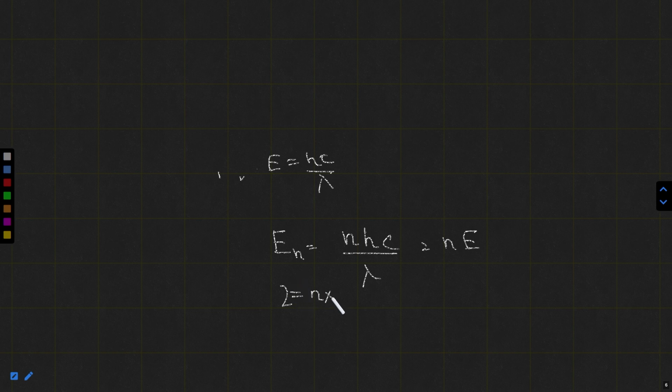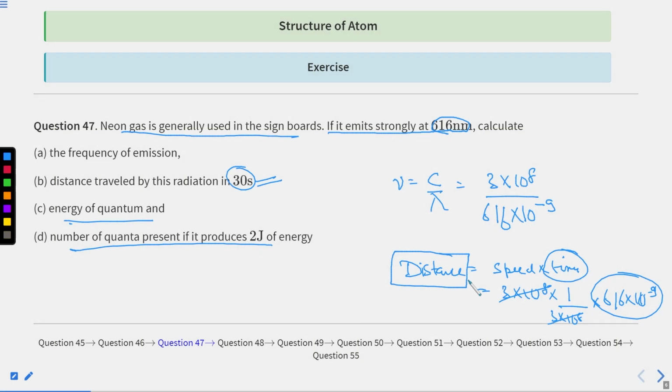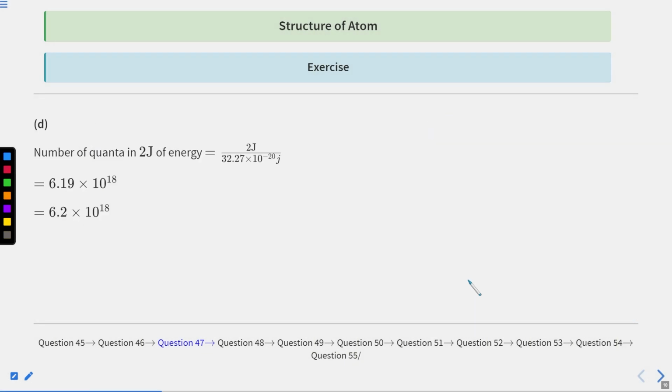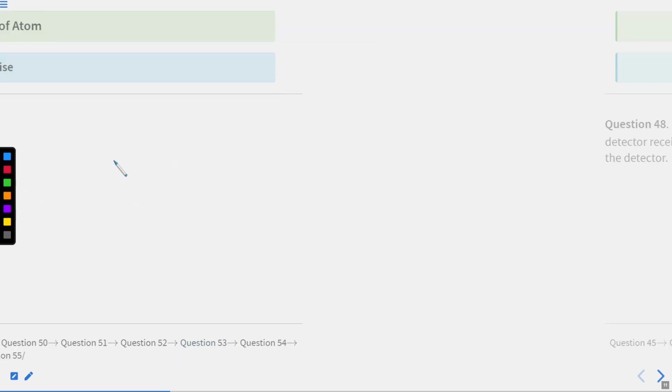N we have to calculate. E we have calculated already. Using the formula hc by lambda, n is equal to 2 into lambda by hc. So the solution is 2 joule divided by the energy of one photon. That is, this much number of quanta are there.